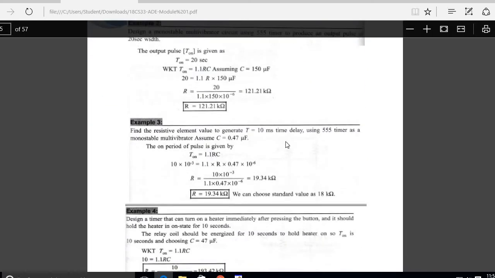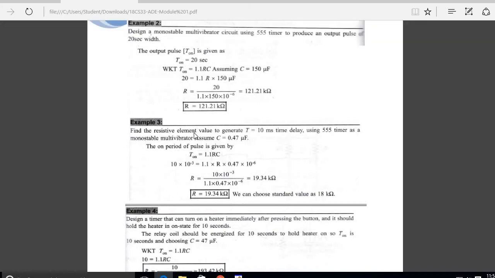Okay, next problem: find the resistive element value to generate a T on of 10 millisecond time delay using a 555 timer as a monostable multivibrator. Assume C is 0.47 microfarad.